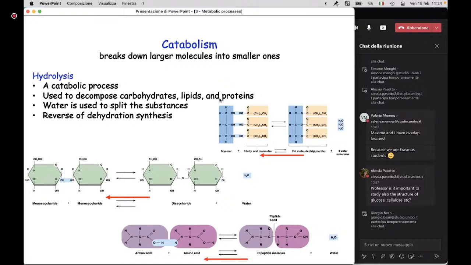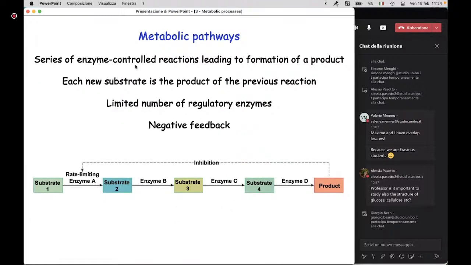Here we have single sugars, single glycerol and fatty acid, single amino acids. But we also can have metabolic pathways that can involve single molecules, which are broken down to producing even smaller molecules. And we can have, in particular, pathways leading to the release of energy. What is the meaning of pathways? A pathway is a sequence of reactions.